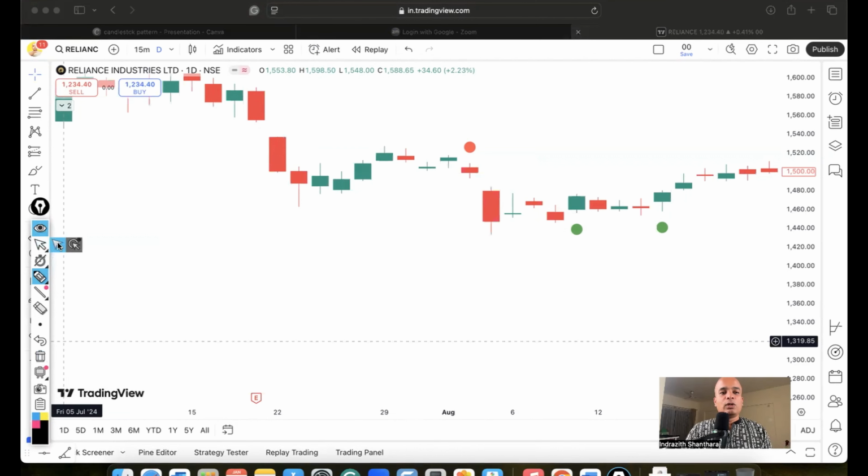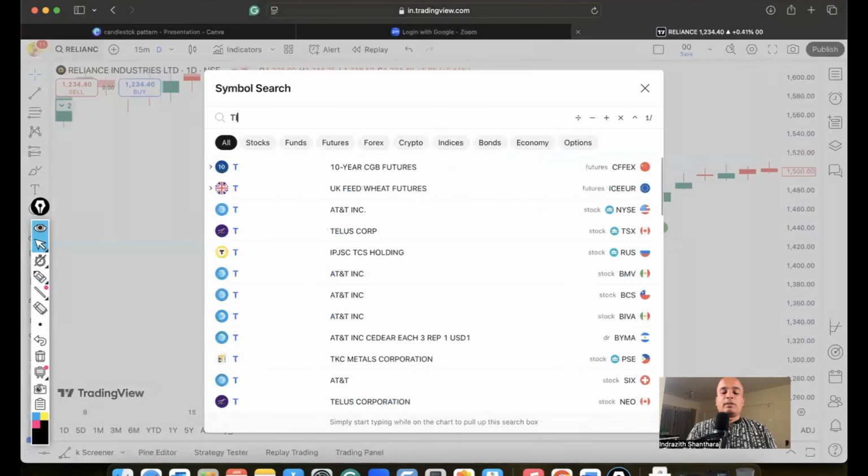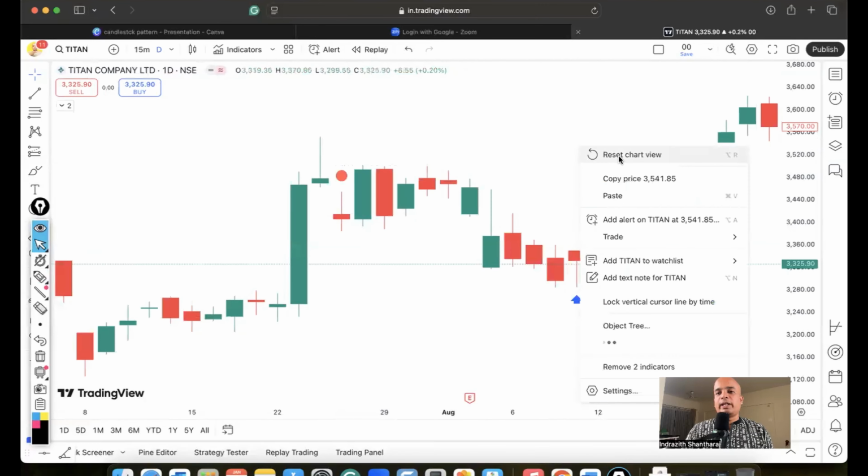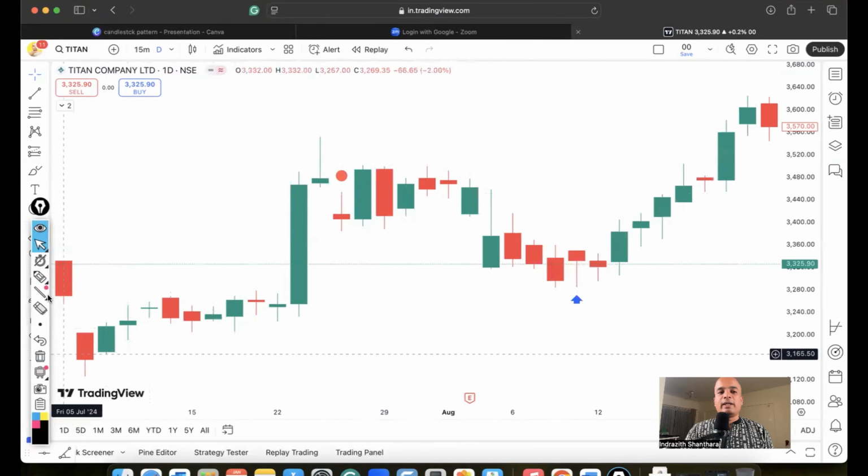And I will go to some other chart. For example, I will go to Titan. Once again, by looking at the color of the candle, don't think it is bullish, because from here to here, this zone belongs to sellers, right?